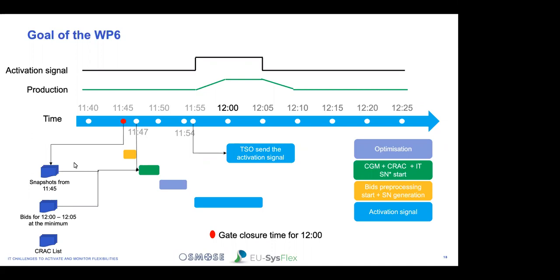So we are expecting the first holistic results of the demonstration test in September. And then, of course, we will be pleased to share the experience with a wider audience about the flex energy market design and demonstration test results.